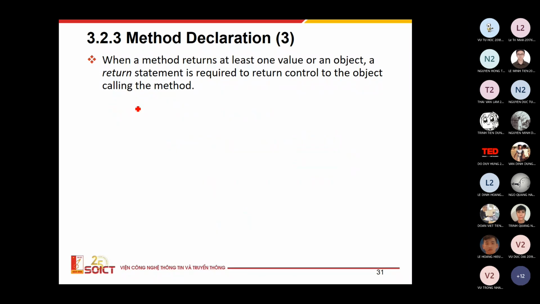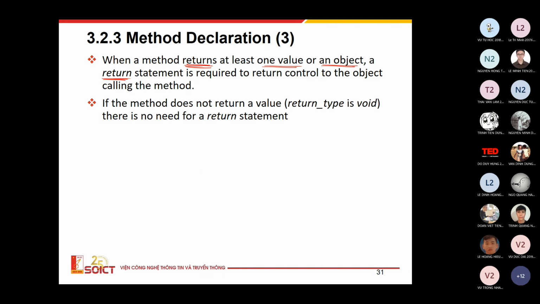So here, when you want to return something, at least one value or object, you will use a return statement in the code block. If the method does not return a value, the return type you use is void, and there's no need for a return statement.